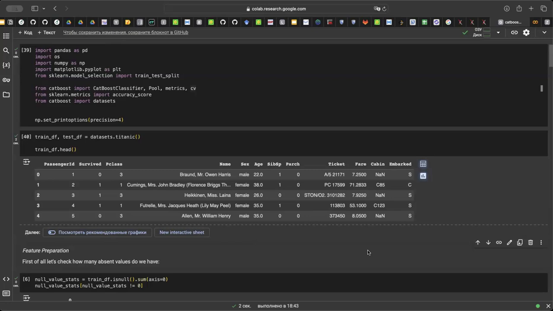What we can do? Okay, let's start with missing values. What can we possibly do with this?